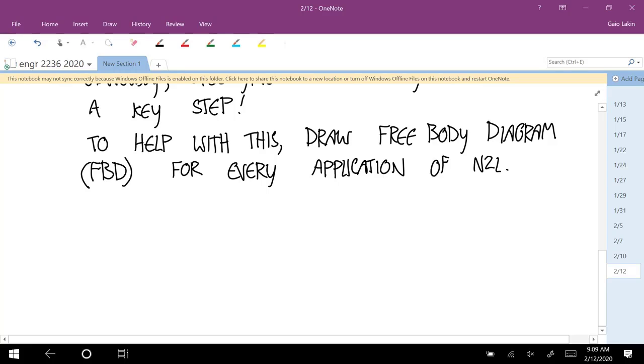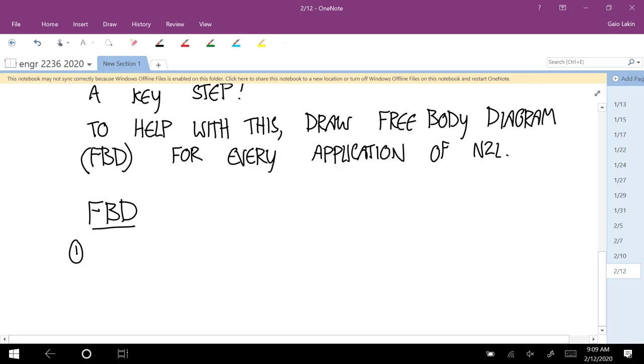Okay, so here's what a free body diagram is. Different people do these different ways, and probably most of those people are pretty sure that their way is the only way to do it. But here's how I want you to do it in this class.